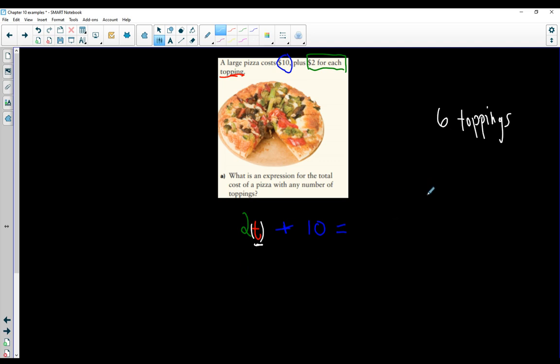So 2 multiplied by the number of toppings, in this case a 6 topping pizza. It's 2 multiplied by 6, add 10, because the constant doesn't change. This is what's always going to be charged. So 2 multiplied by 6 is 12, add 10 is 22. So for a 6 topping pizza, we're going to be paying $22.